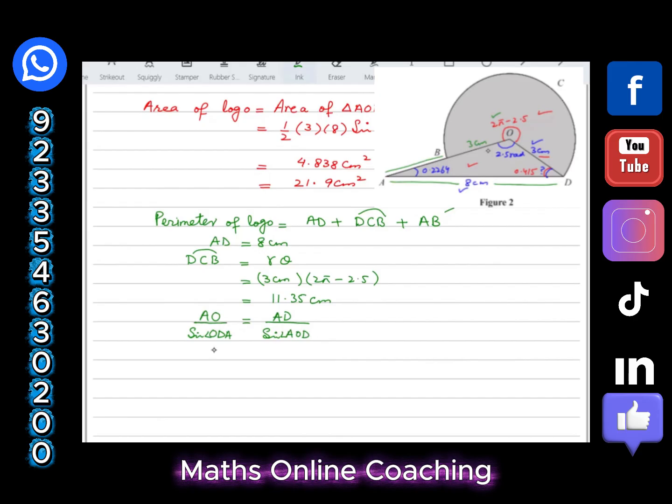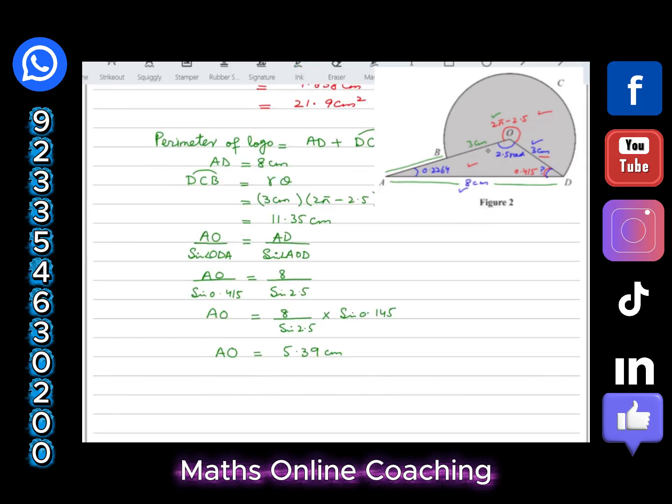Now using the values AO by sine 0.415 is equal to 8 by sine 2.5 radians. This is AO is equal to 8 by sine 2.5 multiply sine 0.415 radians. And it gives the value of AO, which is 5.39 centimeters.